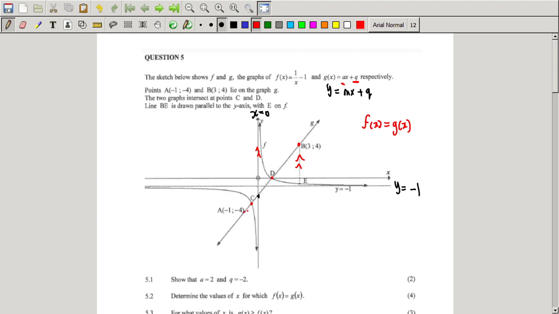Point B has the coordinates 3 and 4, and A has the coordinates -1 and -4. Because I said that a is the gradient, let me first write the formula for calculating the gradient.